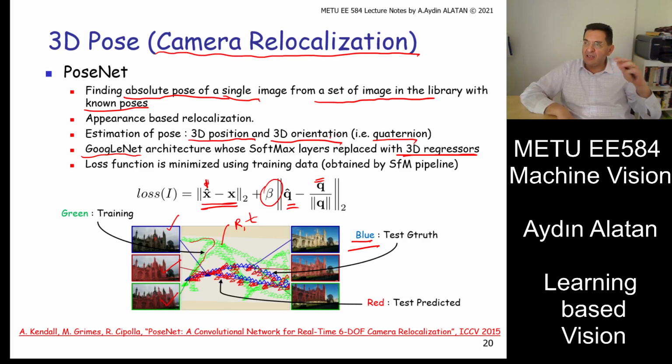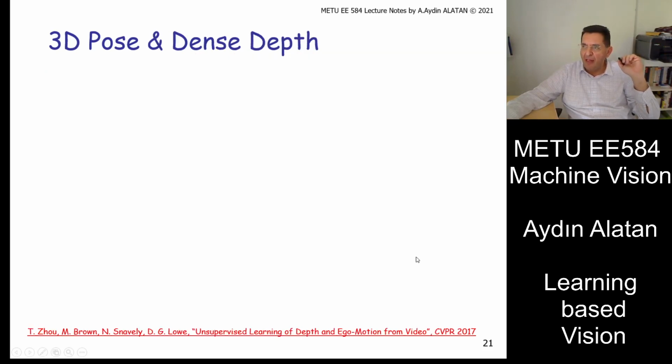Therefore, this is called camera relocalization, and we are trying to estimate the view once you have a training set with ground truth poses known, and we are estimating our current location with respect to those available data by the help of a network. This is called the PoseNet.